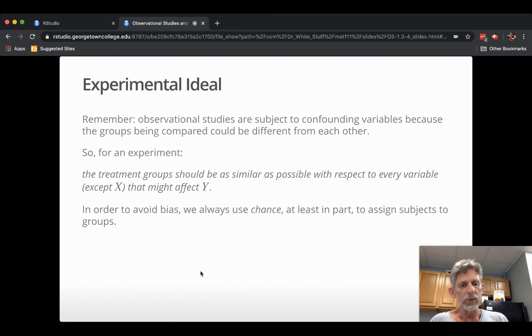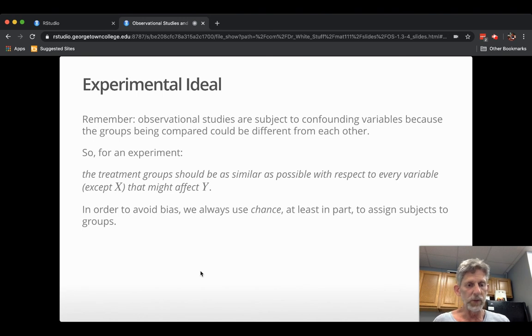And so we want the researchers to be actually separated from this process of assigning subjects to the treatment groups. And so in a well-designed experiment, the researchers will, to some extent at least, use chance to assign subjects to groups.